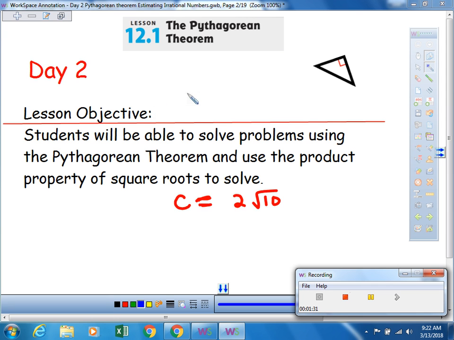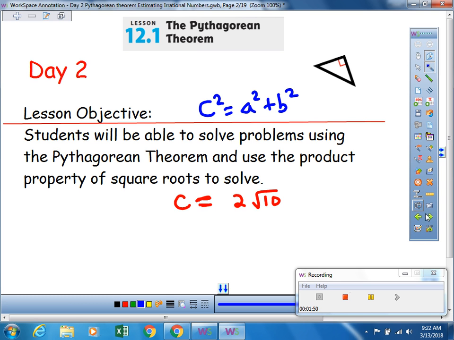And with this, we're still going to use a formula, c squared equals a squared plus b squared. If you were absent yesterday, then you can see what the homework is like, from yesterday. It's the same concept.